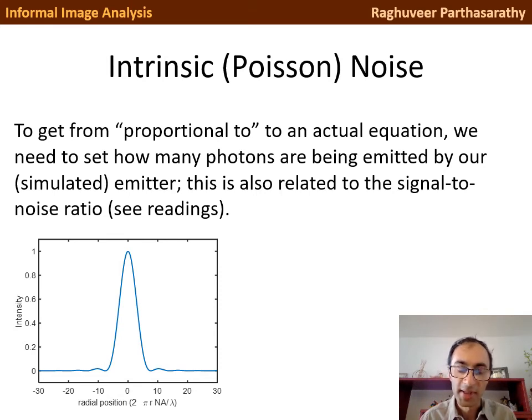You can read about that in the things I've suggested to read. But as you might expect, if you have lots of photons, you have a high signal-to-noise ratio, and the value you get from that random Poisson draw is going to be very similar to its mean. If it's low, we're going to have a lot of variation around that. Anyway, so you can relate the number of photons to the signal-to-noise ratio.